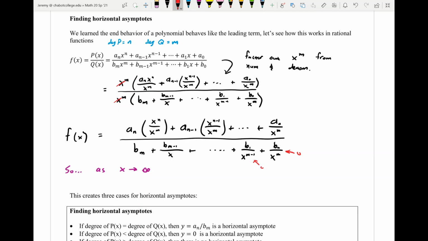That term is going to go to 0, that's going to go to 0, that's going to stay. So the denominator, it's kind of clear what's going to happen. I'll say as x goes to positive infinity, the denominator is just going to go to b sub m.